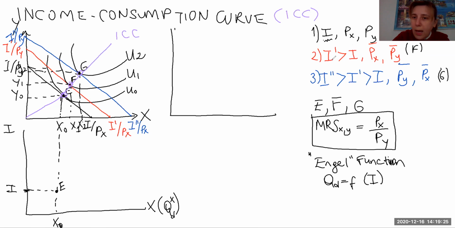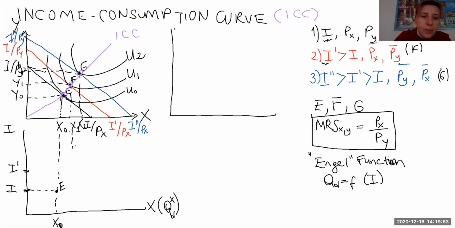Then we assume that the income of the consumer has increased to I prime. So suppose that I prime is located here, just greater than the initial income. Then the consumer's demand for good x has increased to x1. For this income level, the budget line has shifted to the right. The red budget line is the new one.